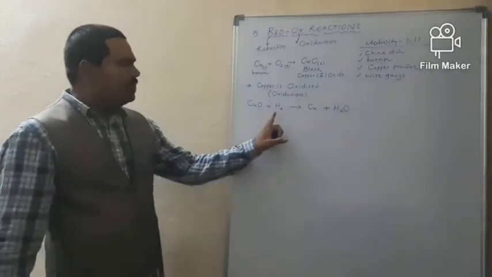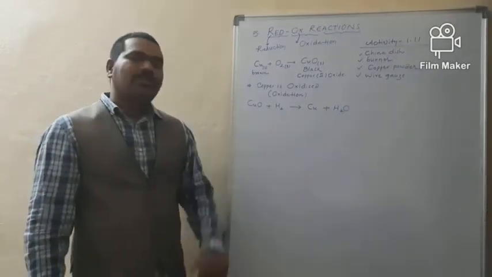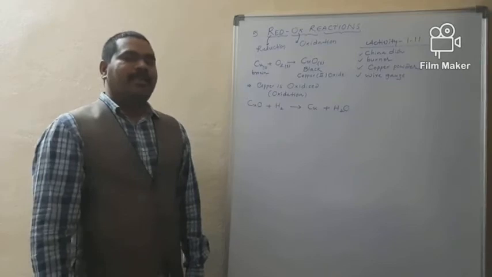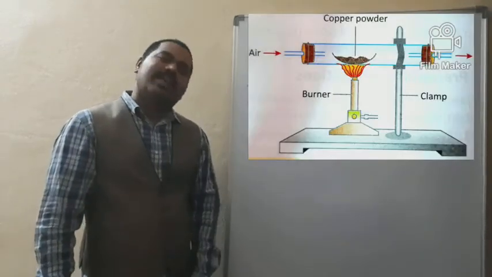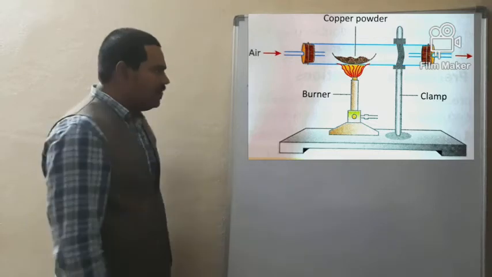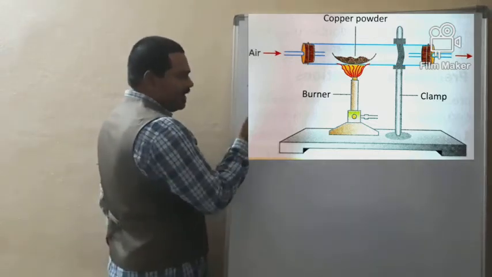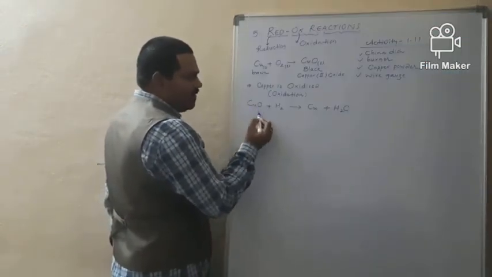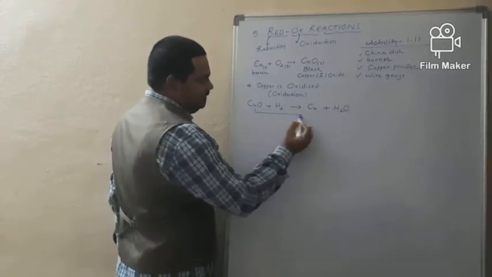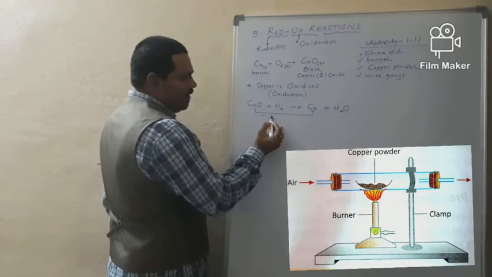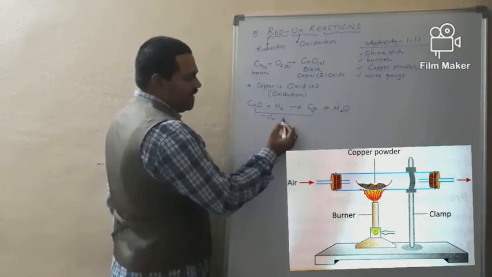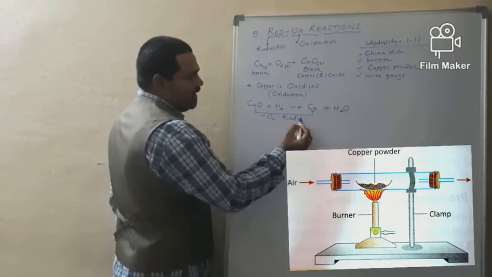So CuO + H2 gives Cu + H2O. Again it will regain its original color, where the reverse process takes place. Now here, copper oxide is converted to copper, where loss of oxygen takes place, which is called reduction.